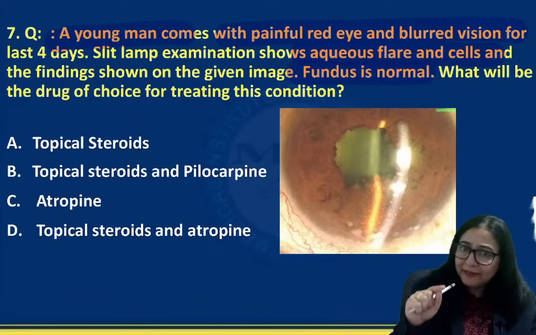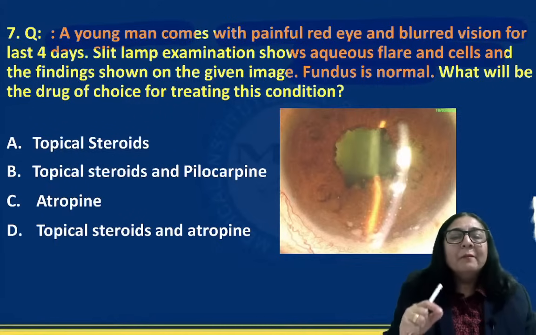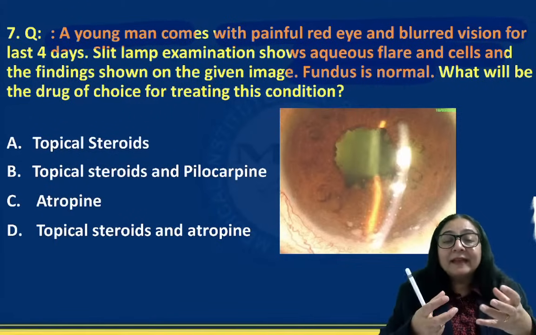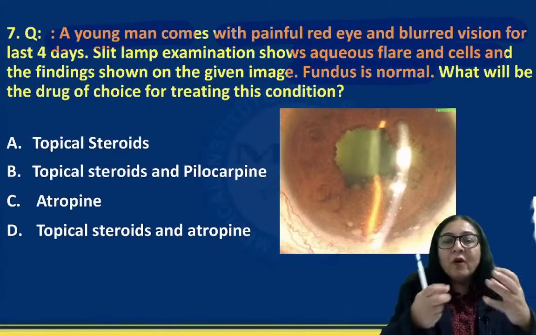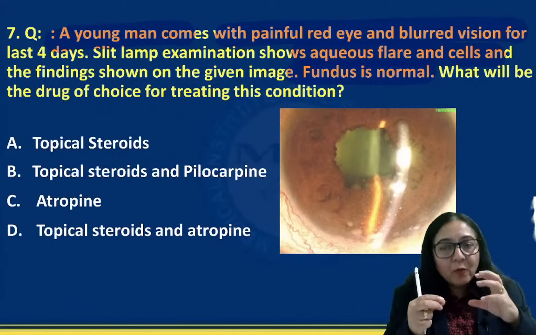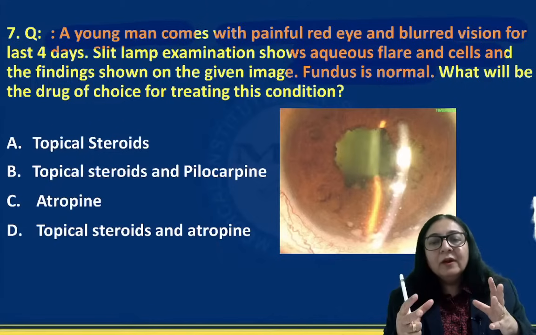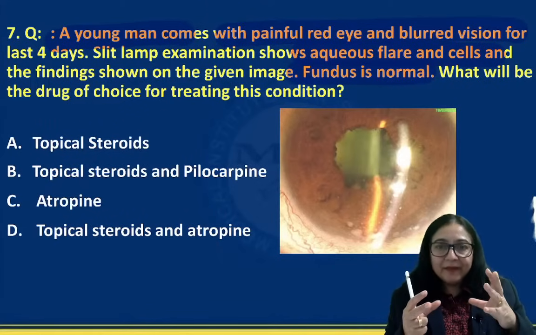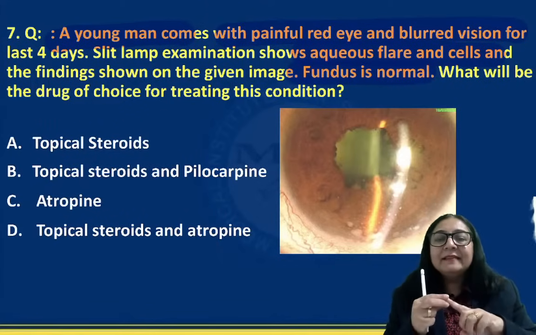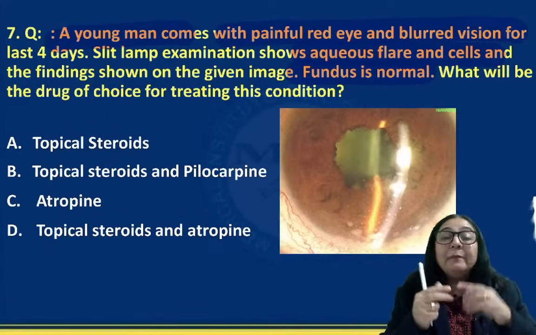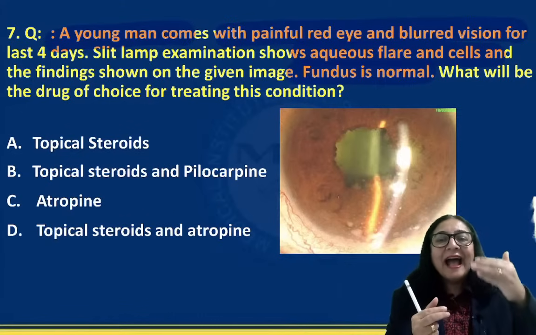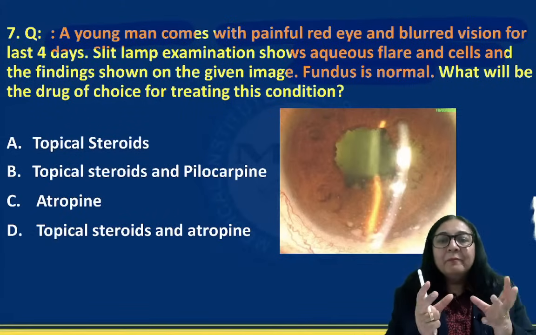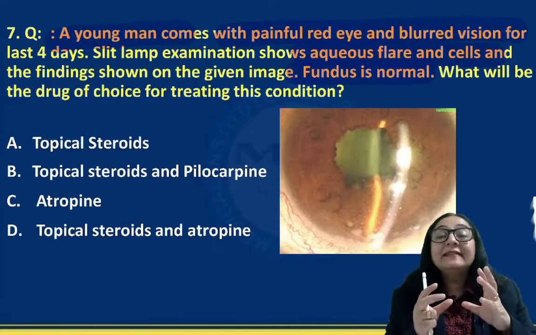But will you give topical steroids only? No, because there is posterior synechiae, there is ciliary spasm because of the inflammation. So you want to do cycloplegia also. You want to relax the ciliary muscle, because releasing the ciliary spasm will help in reducing the pain, reducing the inflammation, as well as breaking of the posterior synechiae.